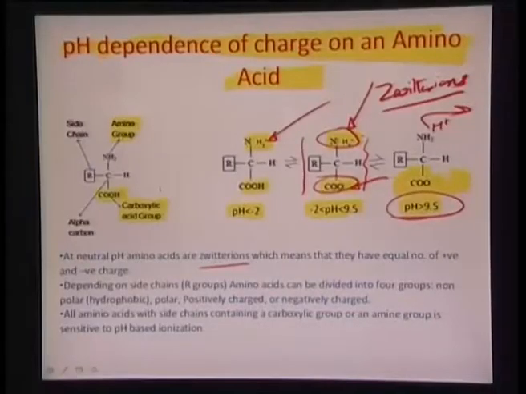Okay. So depending on the side chains or this R group here, this is very critical. The R group may be polar, may be non-polar, and depending on its nature, there is a tendency of the proteins to change their shapes and sizes by folding.